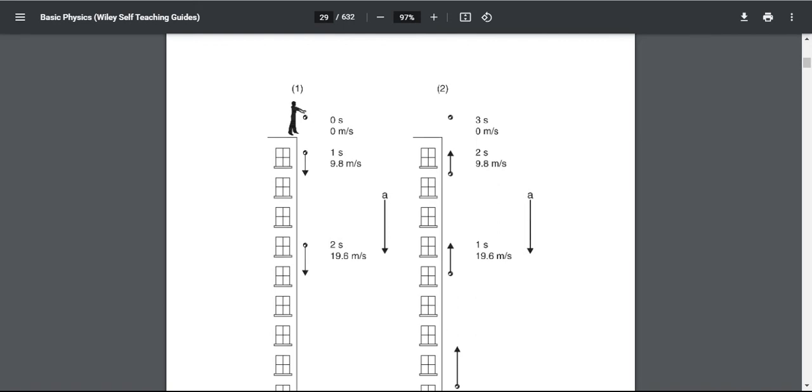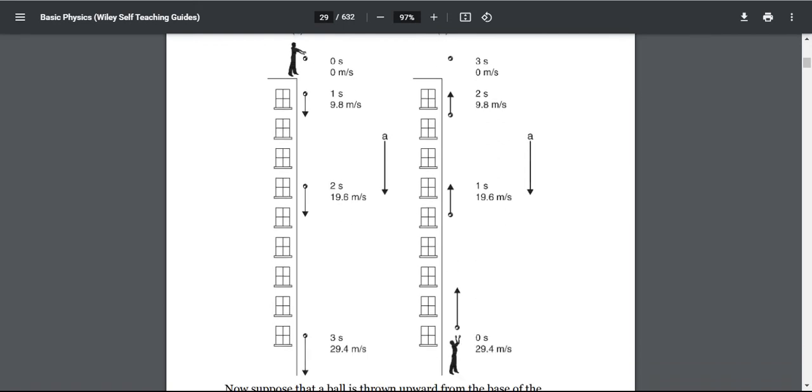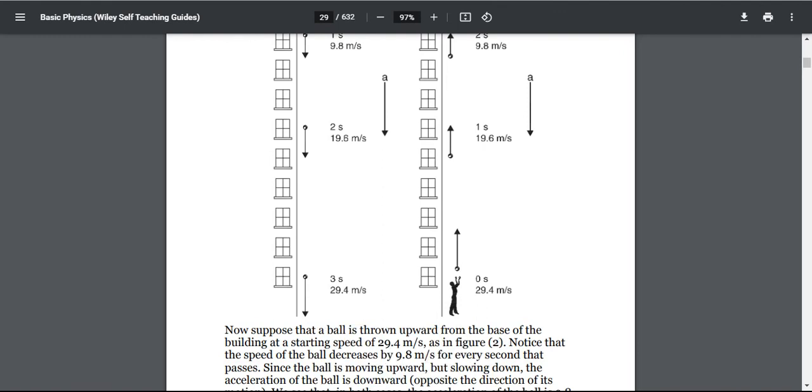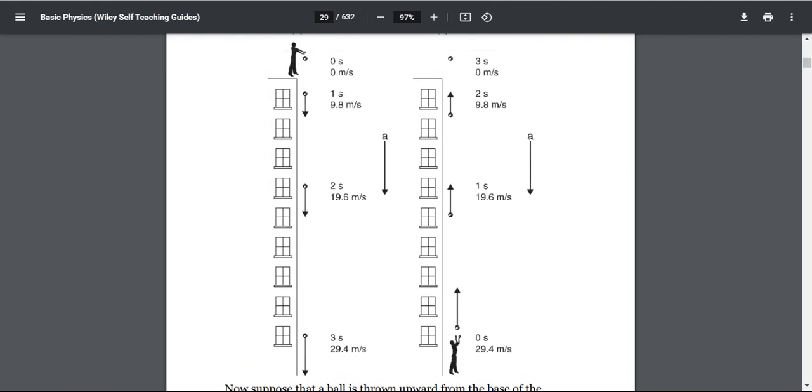That's why acceleration depends on the upward and downward direction, and that's why acceleration is also a vector. To see the importance of vectors in a simple situation, consider the following example.